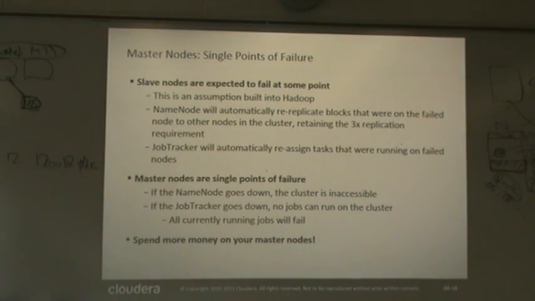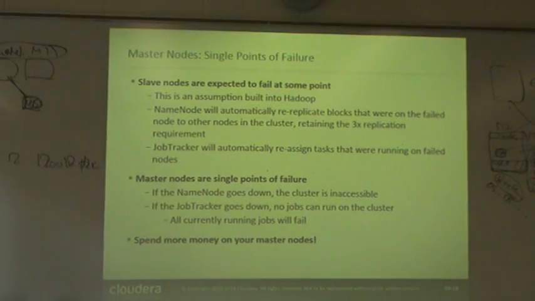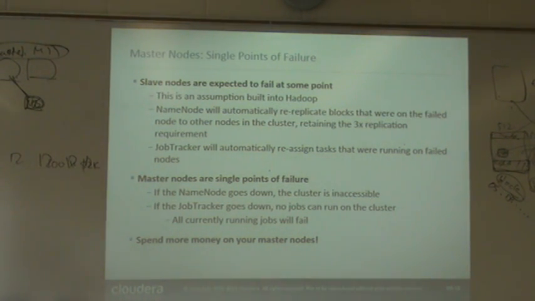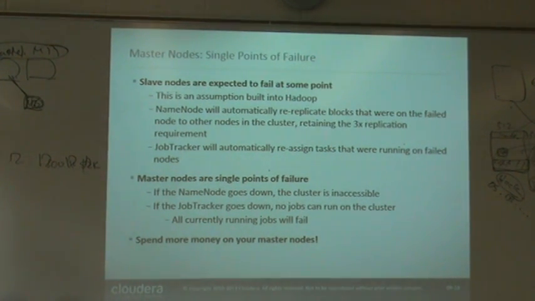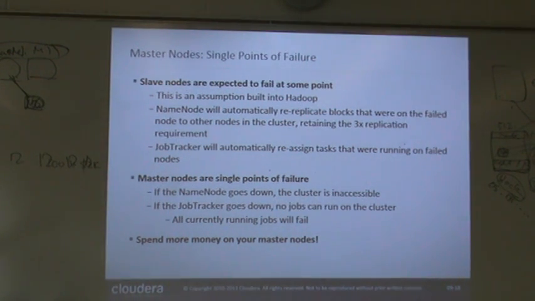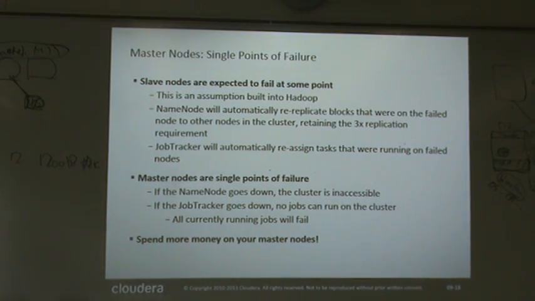So a slave can fail sometimes, which is expected. However, based on the Hadoop architecture, it can be recovered. We have at least 3 copies of the data. Once one of them fails, we can restore from the other 2 available copies.